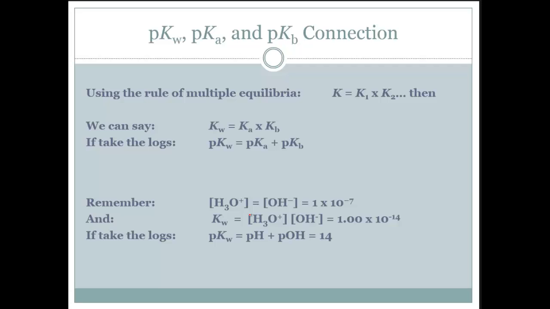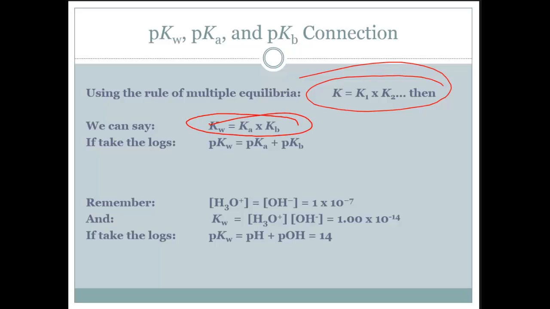Using the rule of multiple equilibria, we can say K is equal to K1 times K2 times K3 and so on and so forth. Because of that, we can say Ka times Kb is equal to Kw, or pKw is equal to pKa plus pKb. So on a neutral solution, H3O plus and OH minus are going to be equal to each other at 1 times 10 to the negative 7.